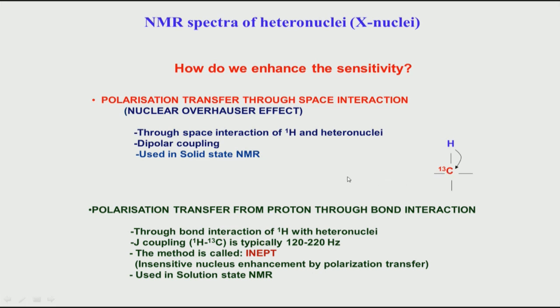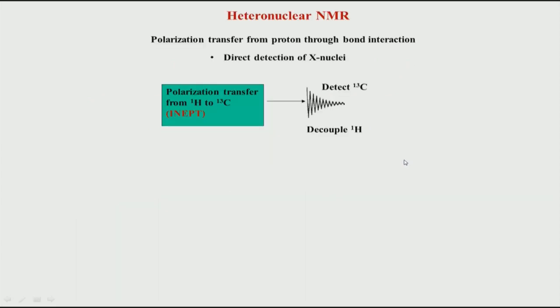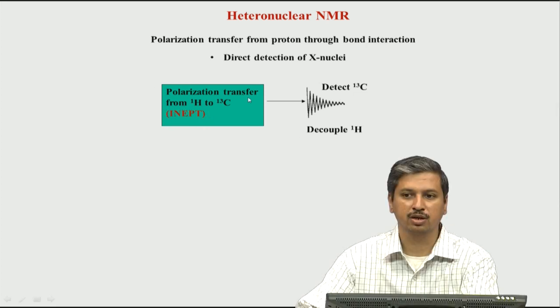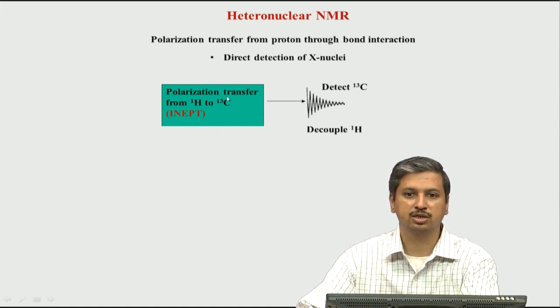So, let us see schematically how INEPT is used in 2D heteronuclear NMR experiments. This is how schematically we can depict a heteronuclear experiment like this. The block which I called INEPT, let us assume that as a box, that is used first to transfer the polarization from proton to carbon.